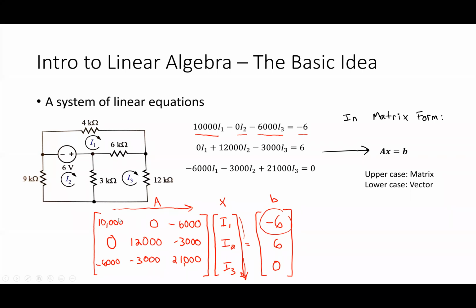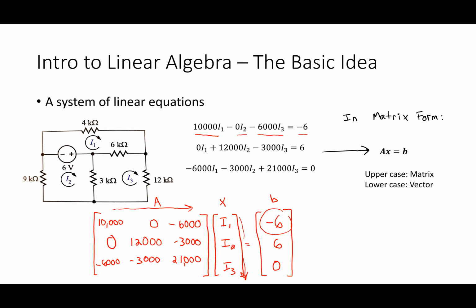Actually, I don't know that you guys saw this. This row times this column is this entry. Middle row times this column is the middle entry. Bottom row times this column is 0. Okay. All right. So that's our way of looking at these problems.